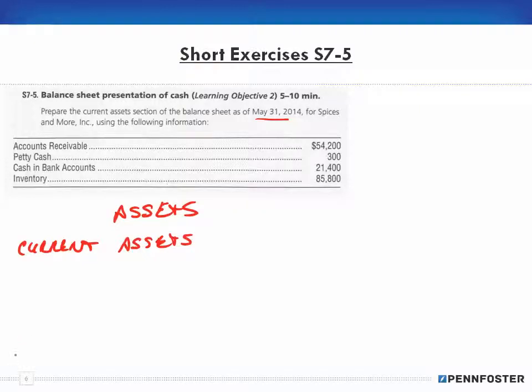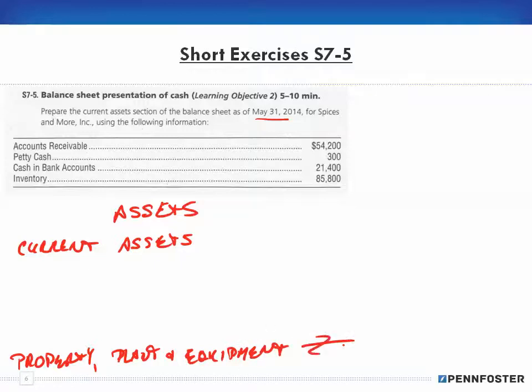And then your long-term assets, and I'm just going to give you this for additional information. You'll do the current asset section, and the long-term section will be called property, plant, and equipment. It won't be called long-term assets. Okay, it's understood that this property, plant, and equipment is all long-term stuff.